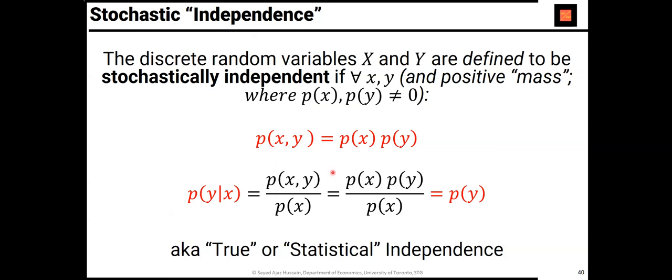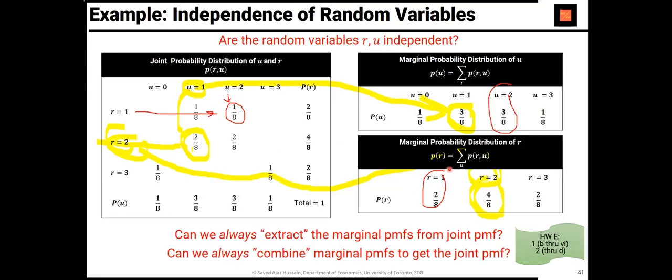I can always go from the left to the right because I can always get just the p of x from the joint distributions. I can get just the marginal distribution of y from the joint distribution. But I cannot combine the marginals into joint unless someone tells me that x and y are stochastically independent.